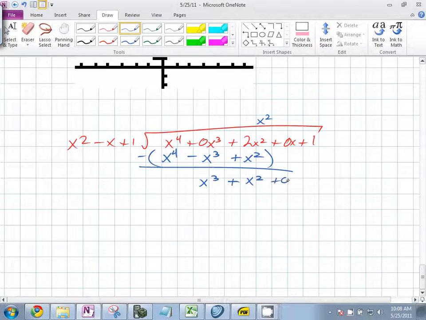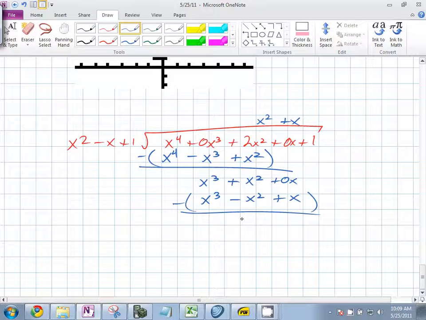So what's leading now? x. It's still plus x. x times that is x cubed minus x squared plus what? Subtract, and what do you get? 2x squared. Yep.